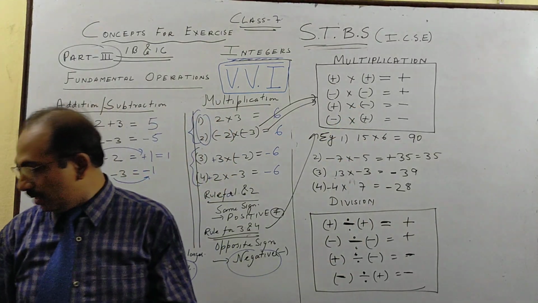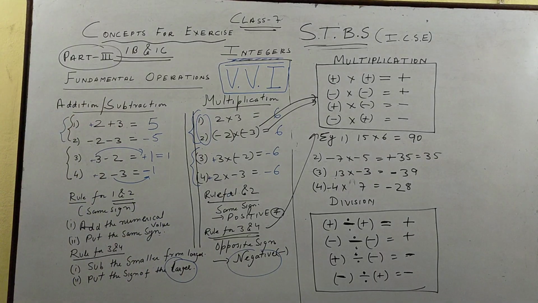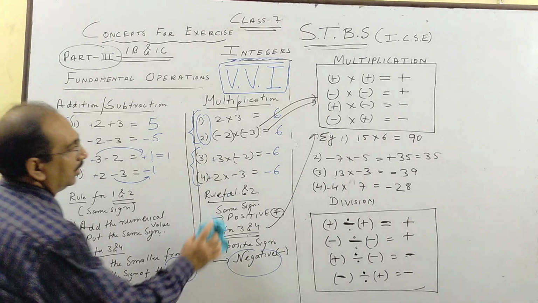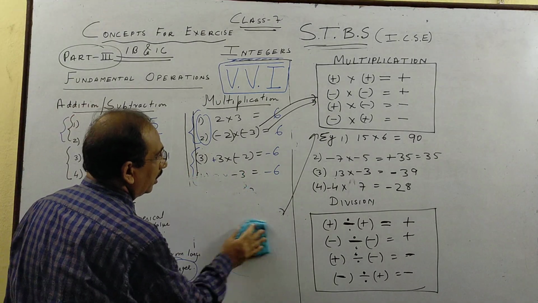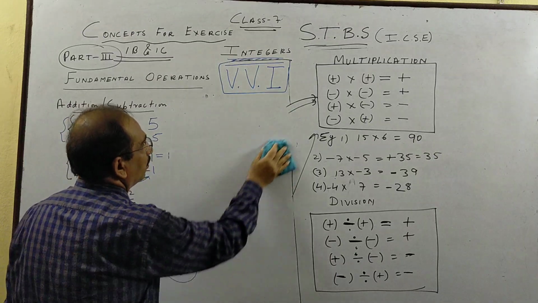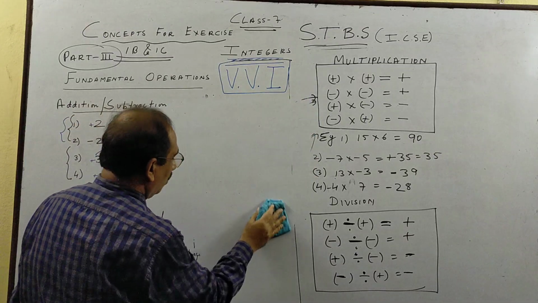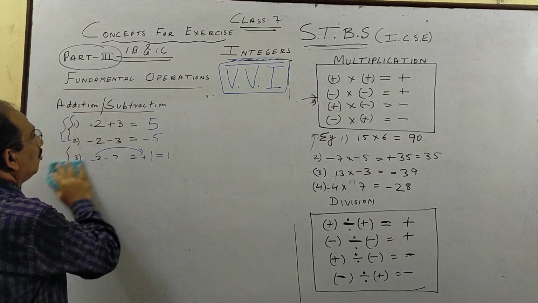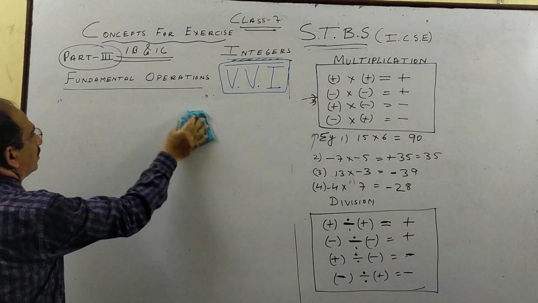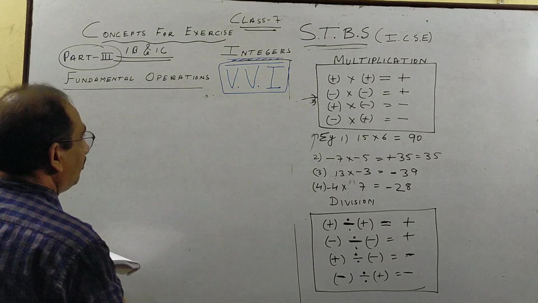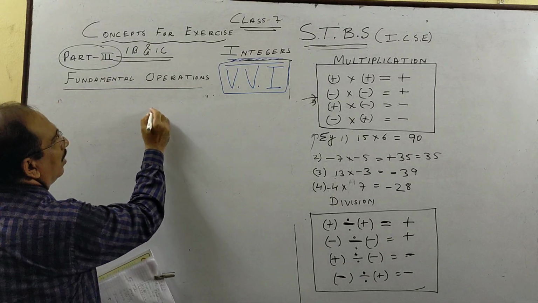And one last example, please pause the video and copy. I'll show you one last example on division. So please see and copy this and practice. I have taken 4 sums for you.